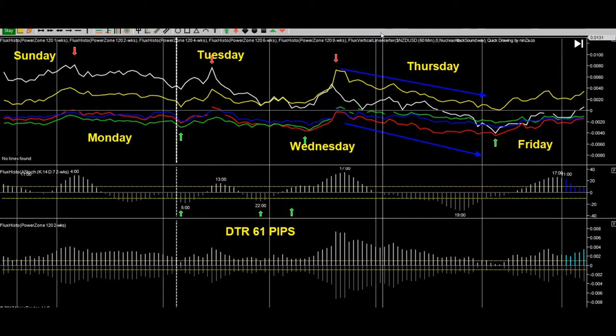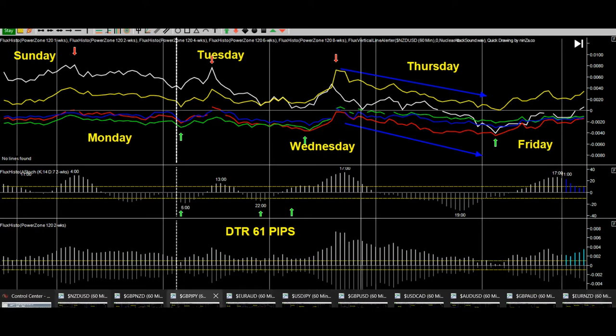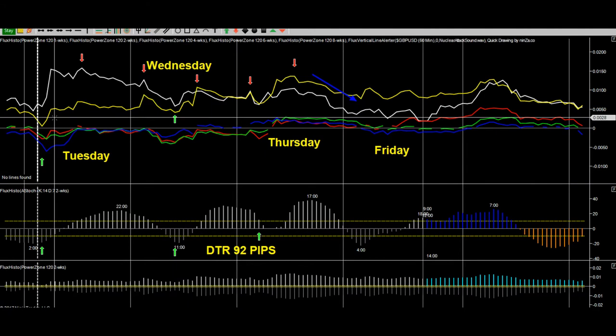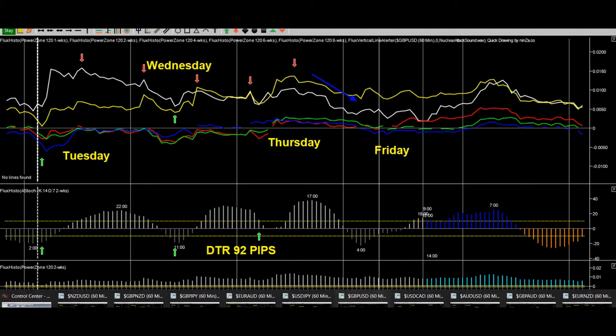So we're going to exit the Aussie trade and the New Zealand. They're the same. The pound trade, we're going to keep on the pound Aussie, which is right here. Because the pound, that's the pound US, sorry traders.